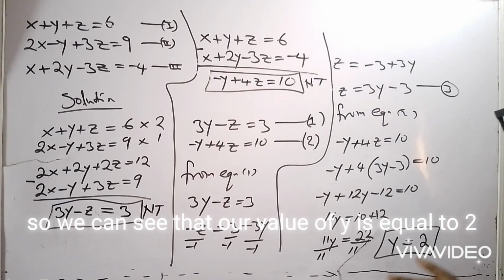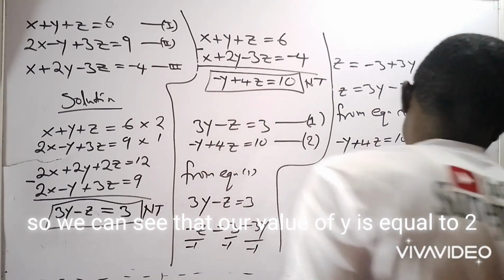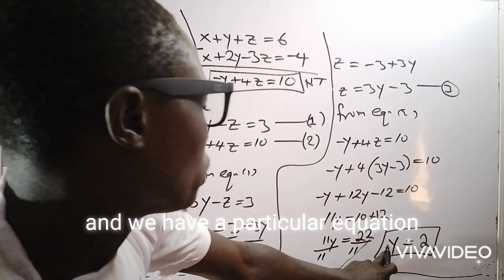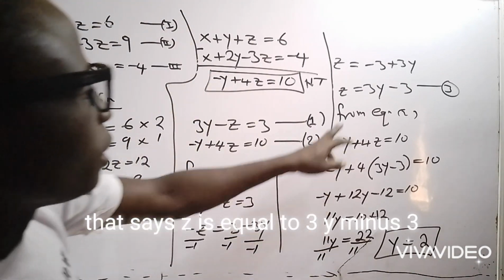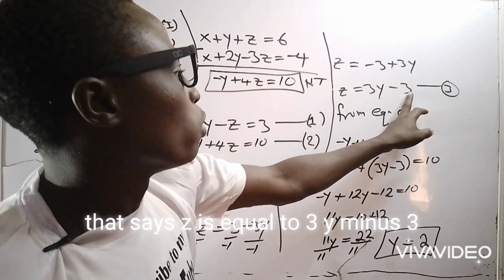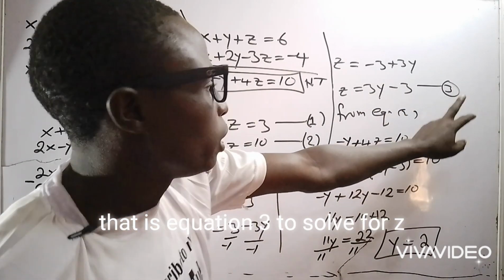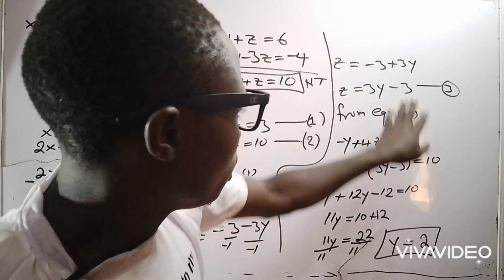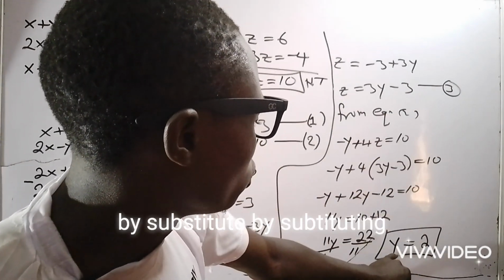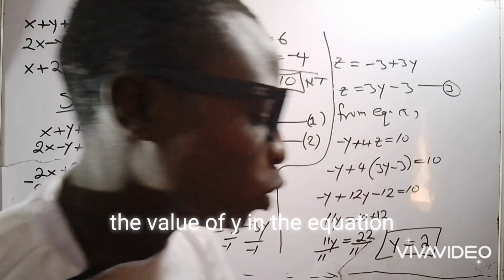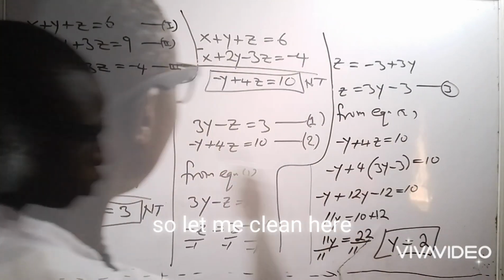So we can see that our value of y is 2, and we have an equation that says z equals 3y minus 3. So we can use equation 3 to solve for z by substituting the value of y in the equation.